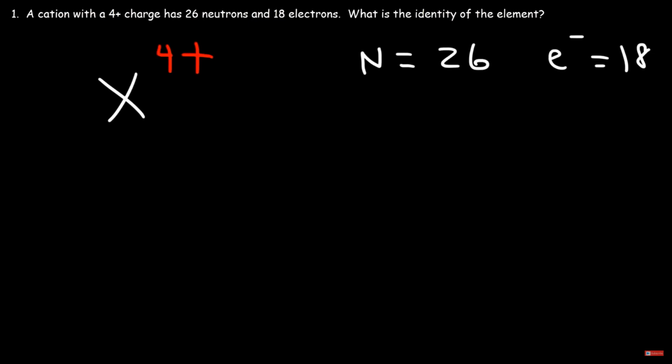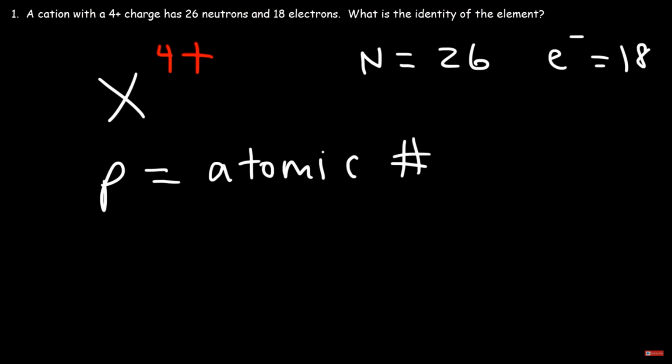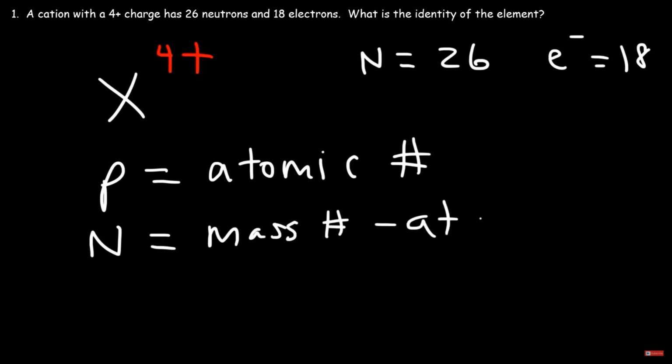Now, which of the three formulas that we wrote in the beginning can help us here? Is it this one? The number of protons is equal to the atomic number. Now, this is not going to help us because we know neither of these. Could we use this? The number of neutrons is equal to the mass number minus the atomic number.